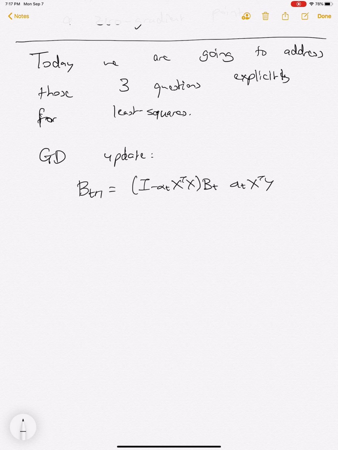And so the first thing we can address is, if we just write out a few steps.